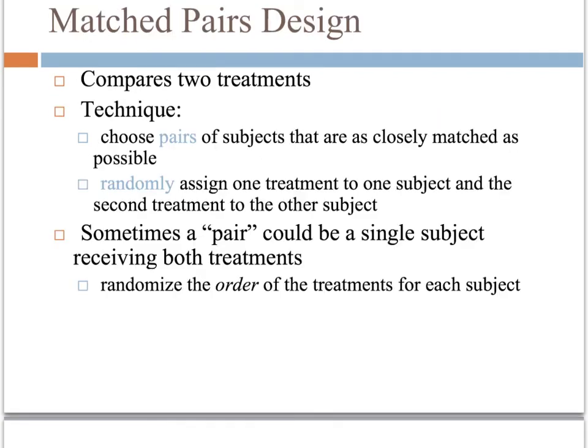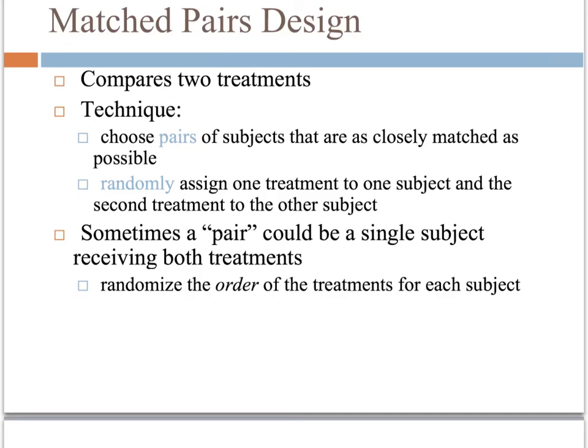A matched pairs design, that's when you're pairing, is comparing two treatments. So you want to match up subjects into pairs that are as closely matched as possible. And then give one treatment to one subject and another treatment to the other subject. The assumption being that if you've matched them really closely, the responses will be extremely similar.